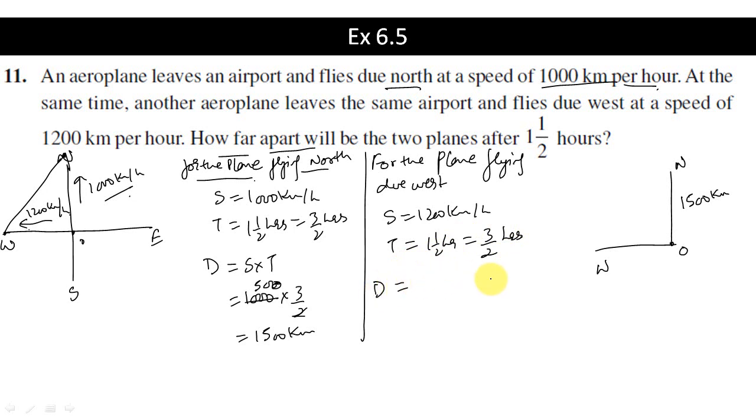So the distance will be speed into time, which is 1200 into 3/2, which is 600 into 3, or I can say 1800 kilometer. So this plane which is flying due west would have covered 1800 kilometer, and we have to find the distance NW. This is perpendicular.